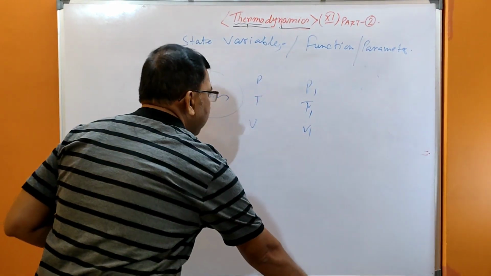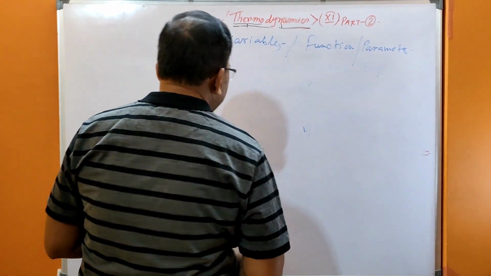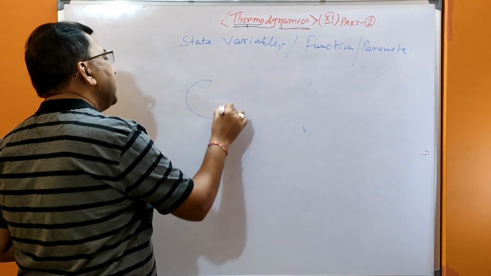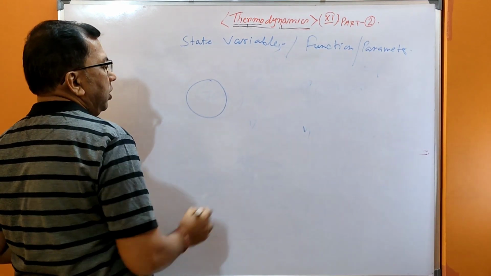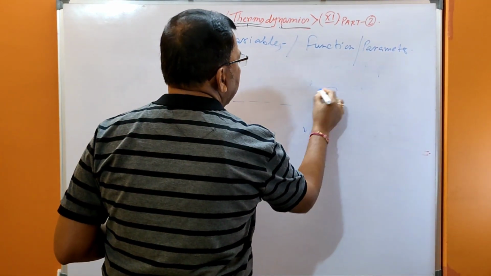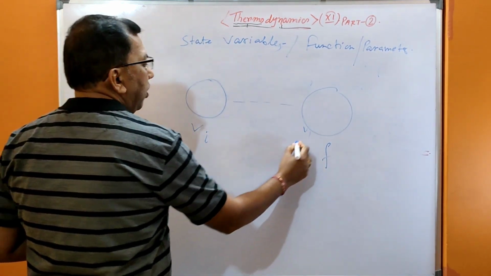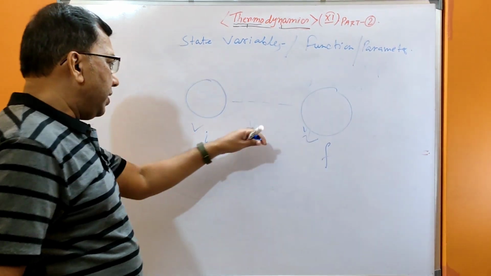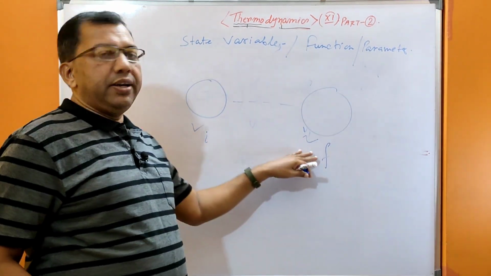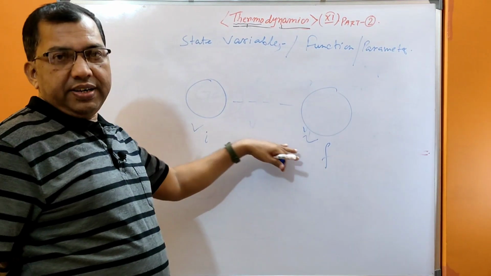In the initial condition, and after something the system is final. The volume Vi or Vf depends upon the initial condition and the final condition. Okay, that is a state function.